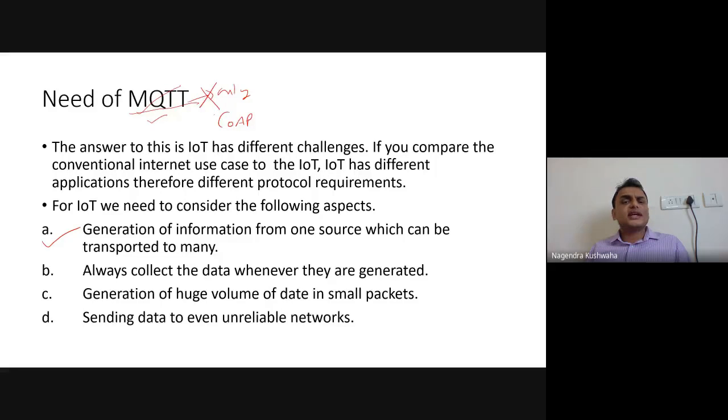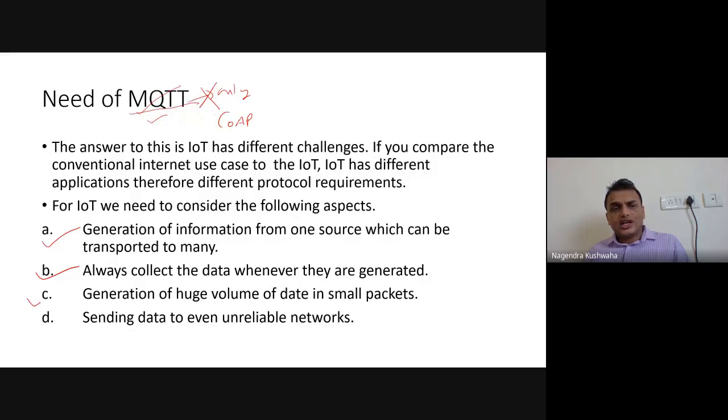The second requirement is that whenever you generate the data, it must be collected, right? The third is generation of a huge volume of data in small packets. So what do we mean by this?